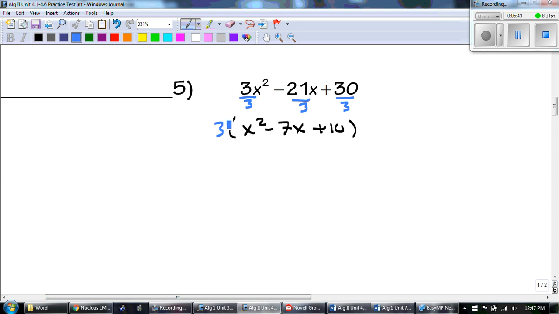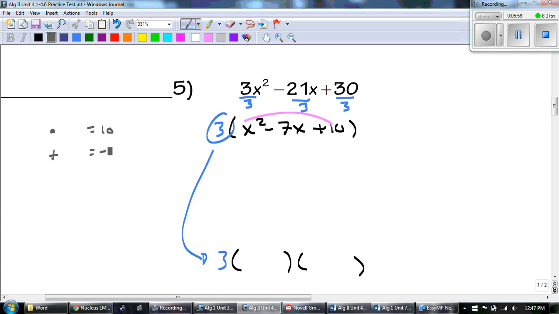Now, I'm going to take my GCF and put it right away into my answer with my two binomials. So now I'm looking for numbers that multiply to get 10 and add to get negative 7. Factors of 10 are 1 and 10, 2 and 5. And the only one that works is going to be 2 and 5. And they both have to be negative.